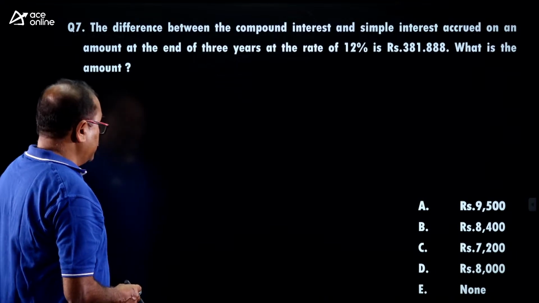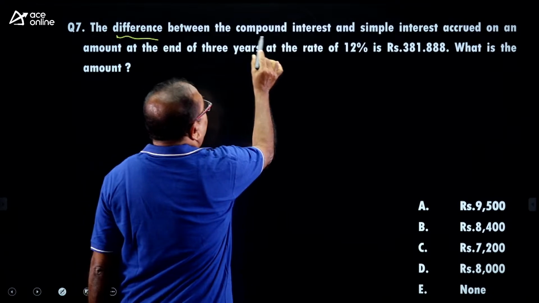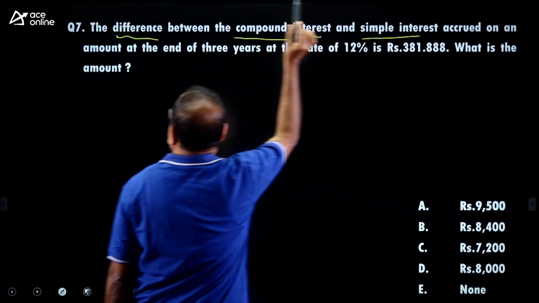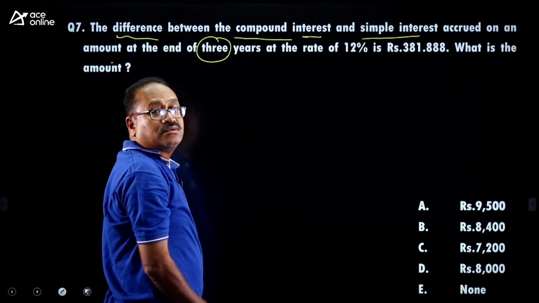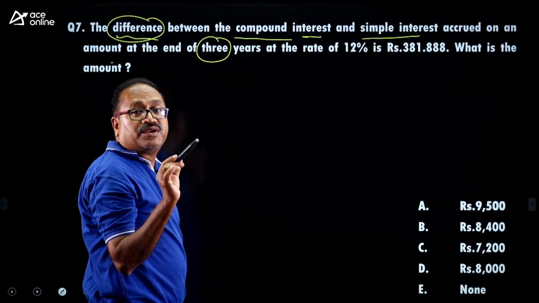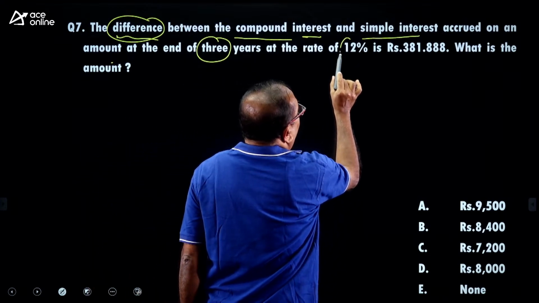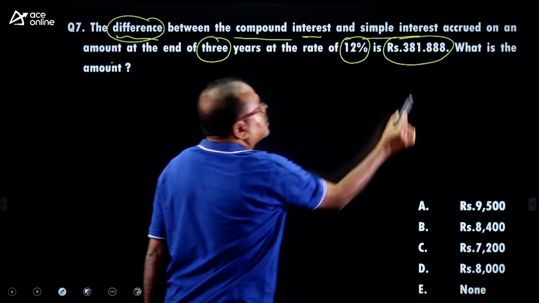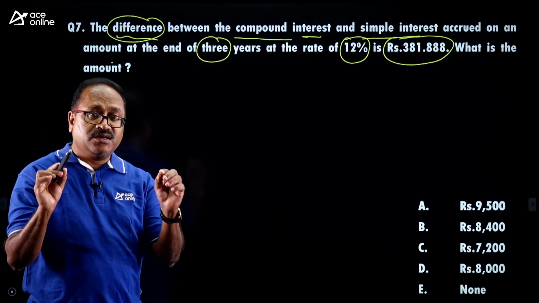It says, the difference between the compound interest and simple interest acquired on a sum at the end of 3 years on a certain principal at 12% per annum is rupees 381.888.